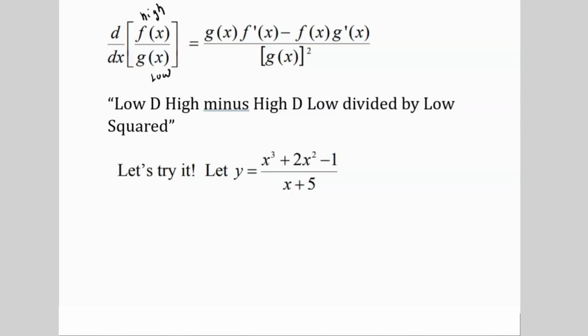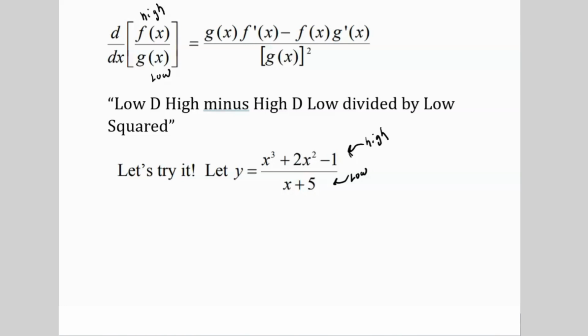The first problem is we have y equals x cubed plus 2x squared minus 1 divided by x plus 5, and we want to find y prime. The first thing I'm going to do is identify that my x plus 5 is going to be the low function, and my x cubed plus 2x squared minus 1 is going to be my high function.